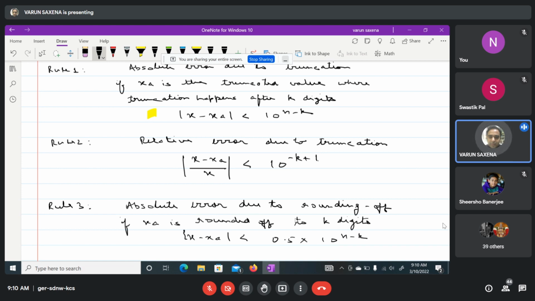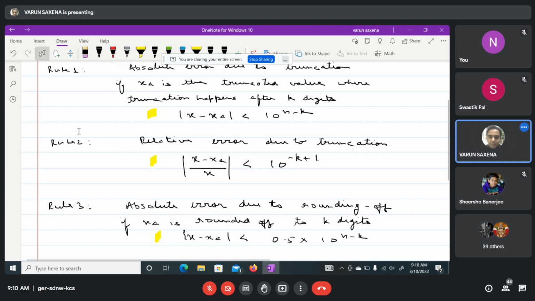So you can remember it like this. For truncation, it is 10 to the power n minus k, and for rounding off, it is half into 10 to the power n minus k. So these are important results.